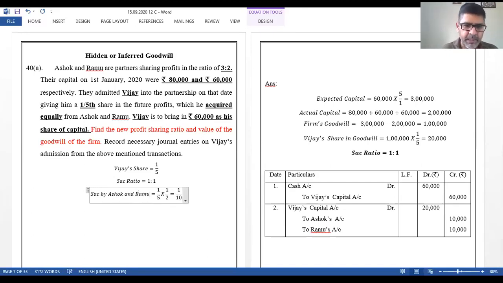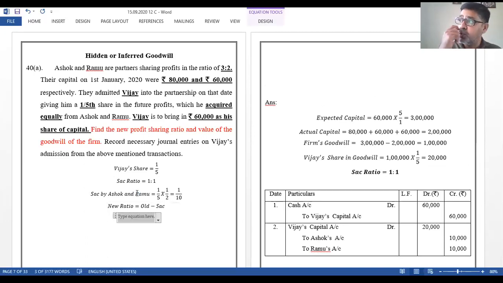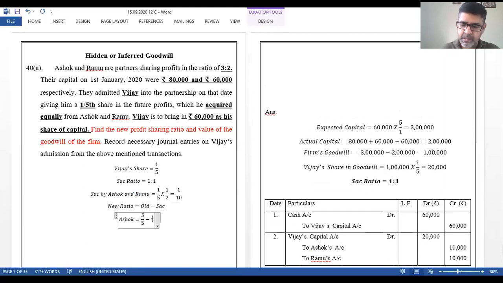Okay, that is 1/10. So now new ratio is old ratio minus sacrifice. Okay, so Ashok is equal to, old share is 3 by 5 minus 1 by 10. LCM will be 10.